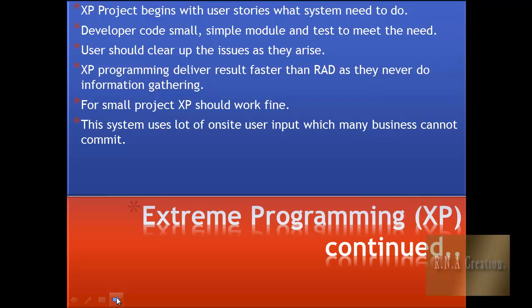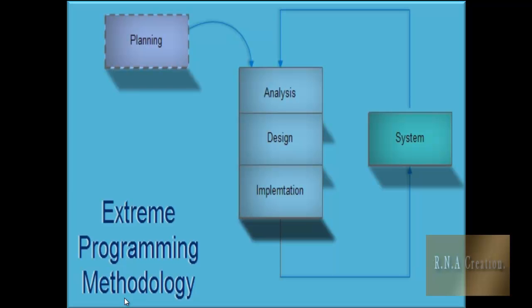For small projects, extreme programming should work fine. These systems use lots of on-site user input, which the business may not commit to. Many businesses may not like too much user interaction with the system from the very beginning. The user may have other work to do in the organization, so it may not be suitable for big, large organizations as such.